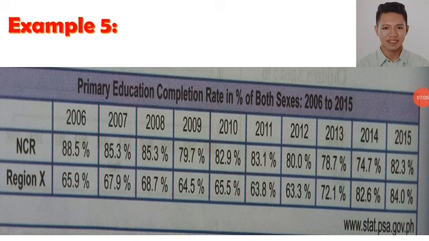We will make a double line graph based on this example. For the NCR, we will use a blue line, and for Region 10, we will use a red line.